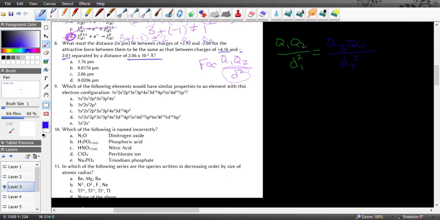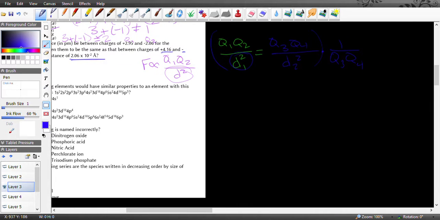So first thing I'm going to do is get this by itself. Basically I'm multiplying by Q3 Q4 over 1 on both sides, and I'm also multiplying by D1 squared.